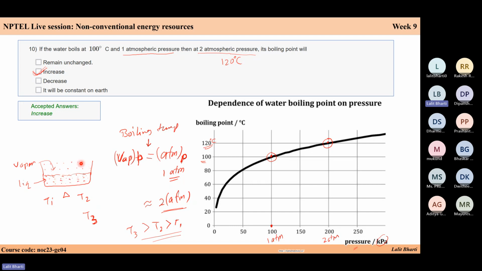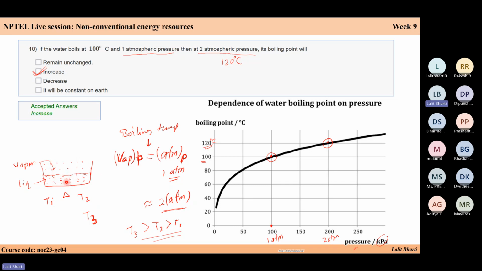So you always have some H2O near the surface in the form of vapors. If this is not H2O but any other liquid, it will also have some vapors of the liquid. So it is universal for all types of liquids. You always have this kind of vapors.